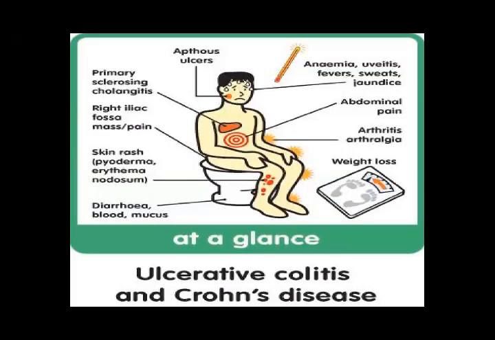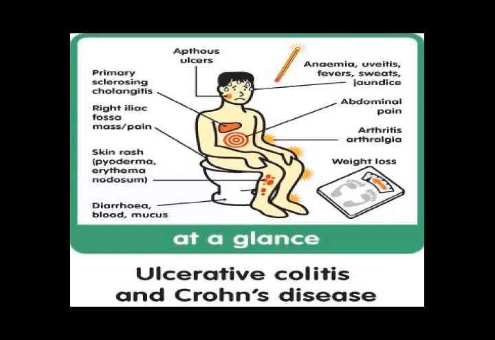You can see the clinical manifestations. You can start from the inflammatory bowel disease, with ulceration. Look for anemia, uveitis, fever and sweating. Again, there may be a picture of septicemia and shock state. The patient may be jaundiced, which is associated with primary sclerosing cholangitis, or because of a toxic hepatic process. Abdominal pain, arthralgia.